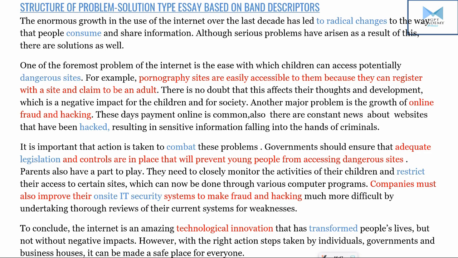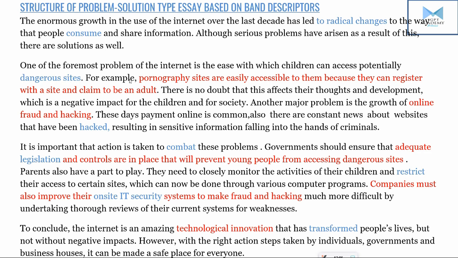However, with the right action steps taken by individuals, governments, and business houses, it can be made a safe place for everyone. So this is the conclusive statement based on the above discussions, that is, the problems and the solutions.